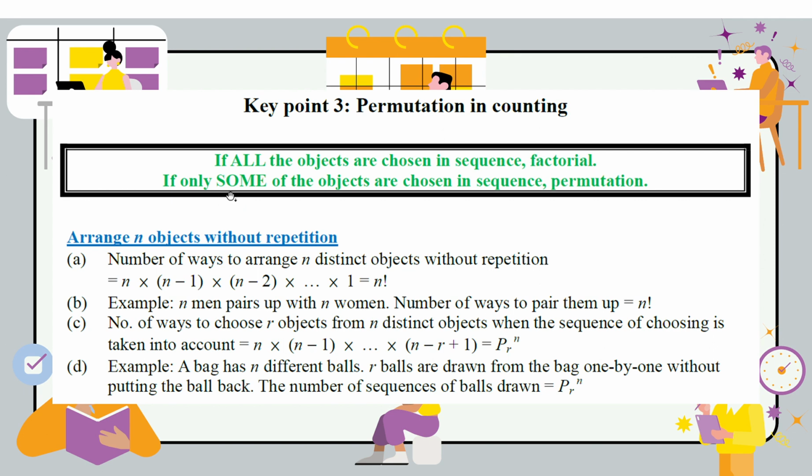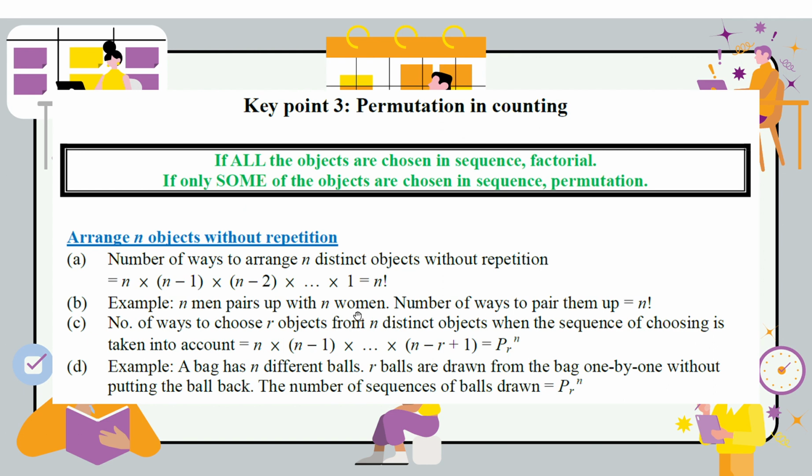If only some are chosen to form a sequence, then the order of choosing is important. That is permutation. For example, consider we arrange n objects without repetition. If we arrange them all, there are n factorial ways to do so, a very big number.